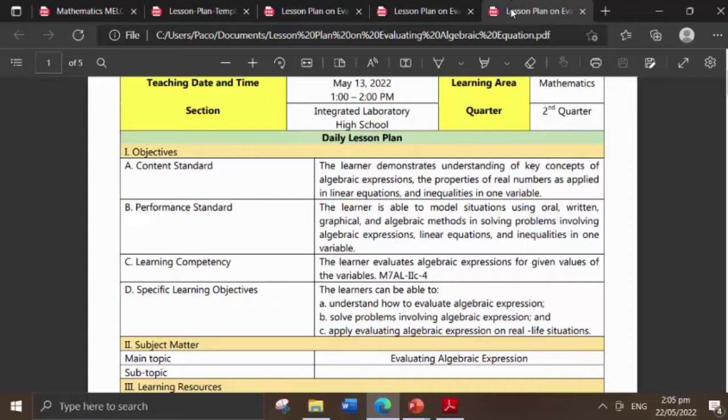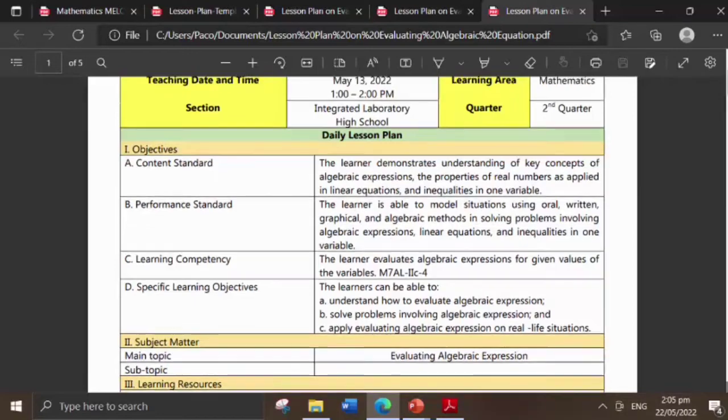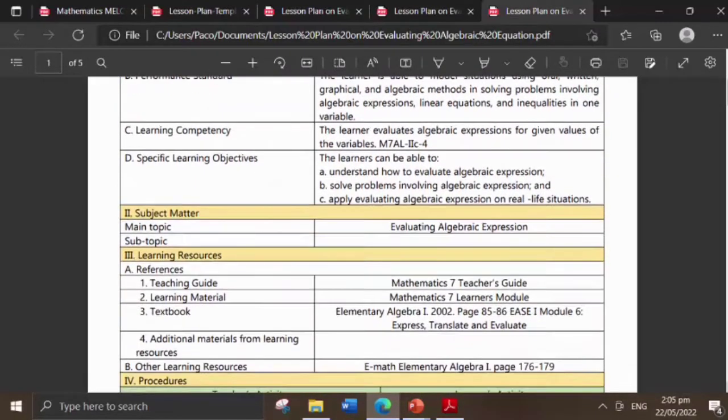In the specific learning objectives, we have 3 specific learning objectives which can be formulated based on the cognitive, psychomotor, and affective domains. So we're going to formulate those specific objectives taking note of those 3 domains.